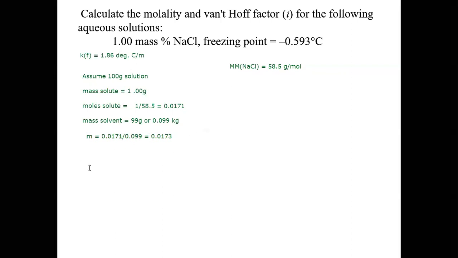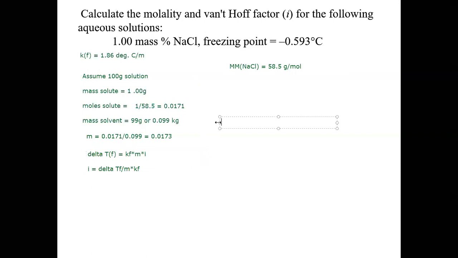So now we know the molality. We can find the Van't Hoff factor because remember, delta TF equals Kf times m times i. So to solve for i, we need delta TF divided by m times Kf.